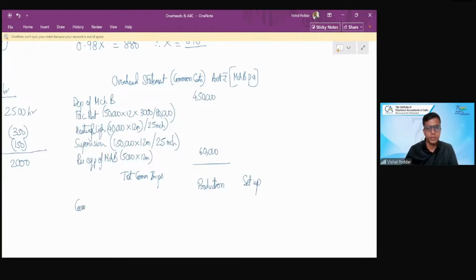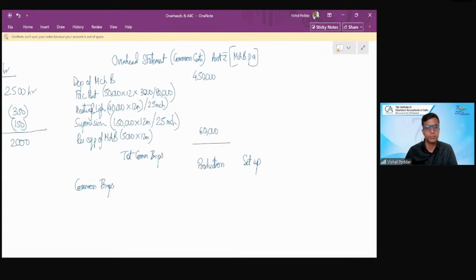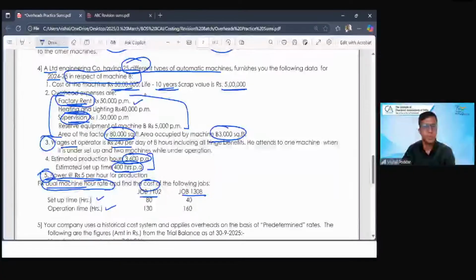So common expenses, and then the specific expenses, power and operator. Students, please give me the total of this common expense.